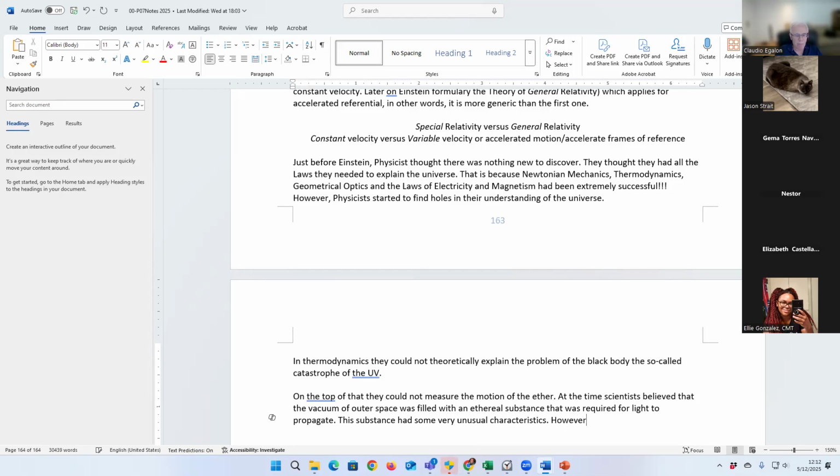However, this theory of the ether started to fall apart when Albert Michelson failed to measure the relative motion of the ether. Okay, it was the most successful failed experiment in human history.